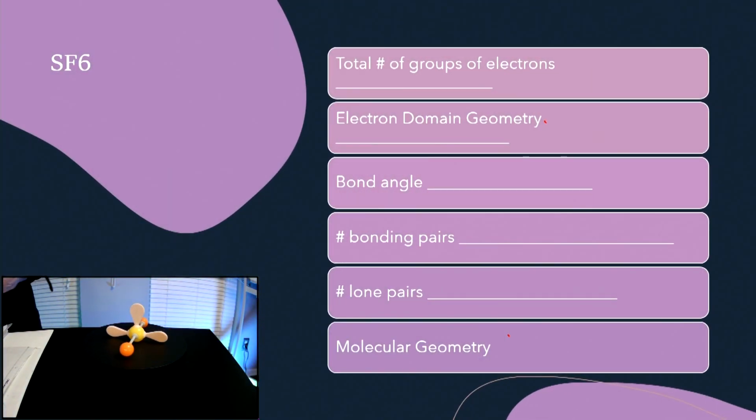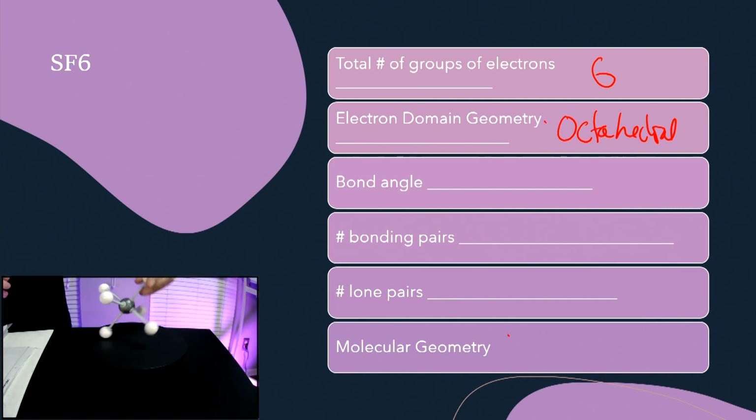So if you move on to SF6, you see there's a central atom. And go ahead and count how many domains there are surrounding the central atom. So we see that there are 6. The electron domain geometry for this is octahedral.